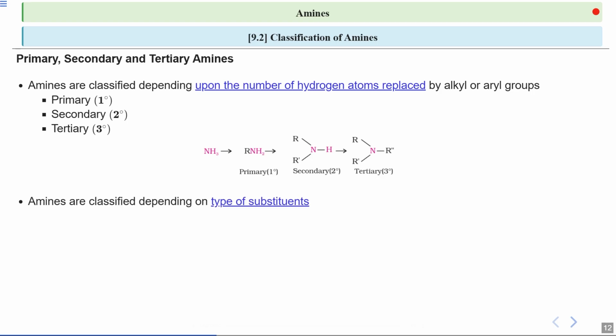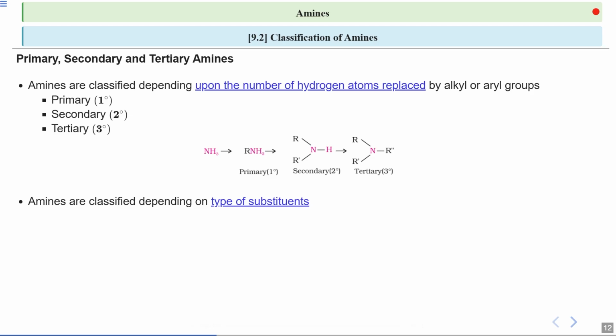Now, another way, amines can be classified based on the type of substituent that is attached to the nitrogen atom. Okay, that is, the substituents that are attached to this nitrogen. Specifically, we look at whether the group is an alkyl group, which is a chain of carbon atoms, or an aryl group, which is based on a benzene ring.